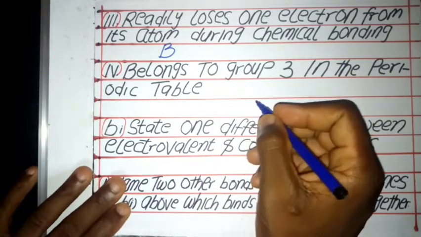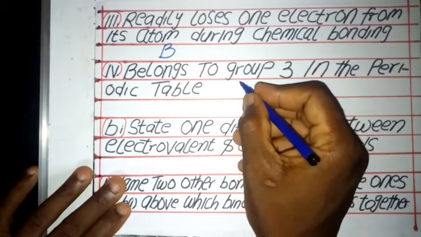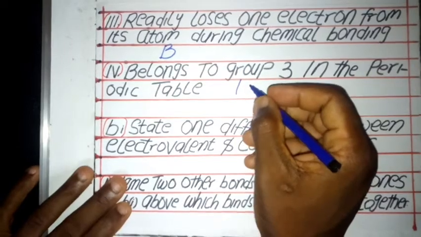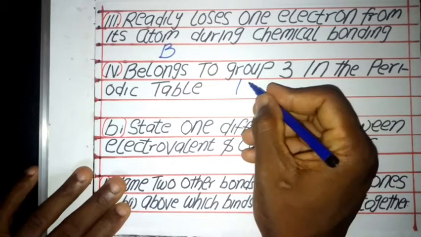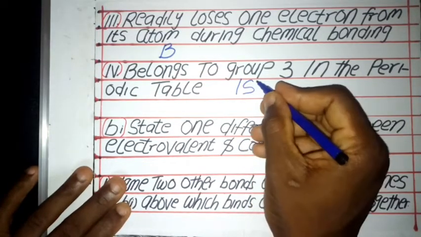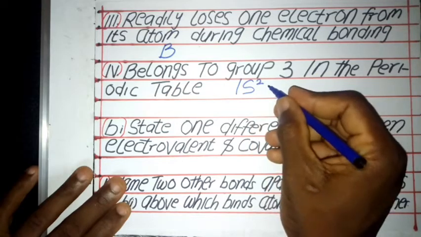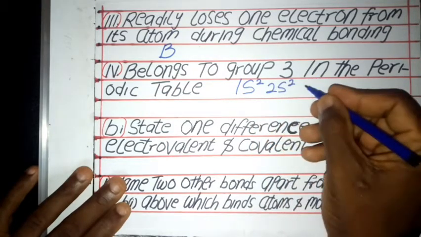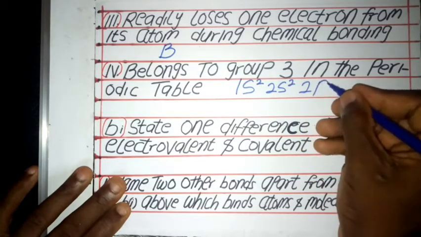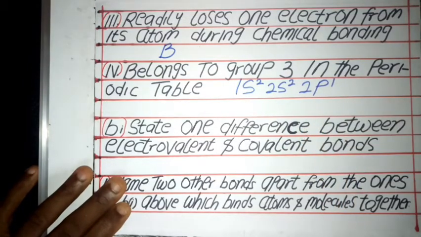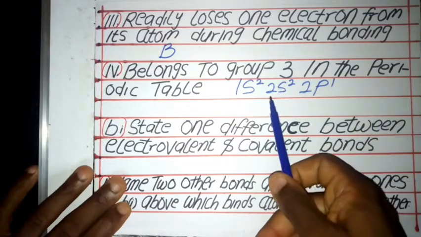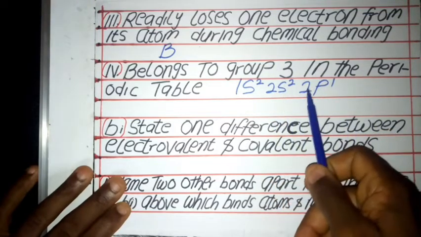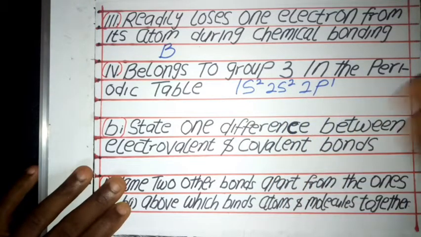Let's write the atomic electronic configuration of boron. So this boron, you can count it to get your answer. People that know it by heart.